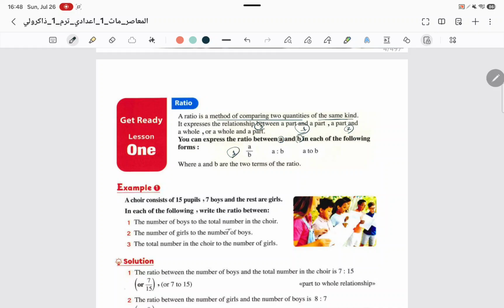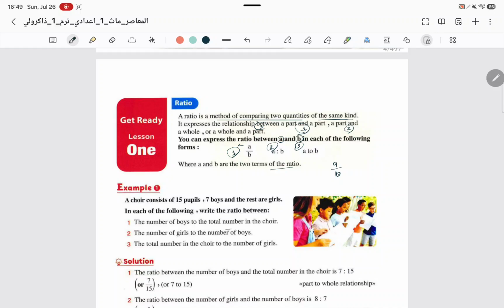The first one, the famous form we will use most of the time, is A over B. The second one is A to B, and the third one is similar to the second, which is A to B as well, where A and B are the two terms of the ratio.